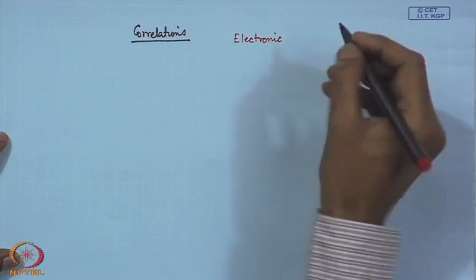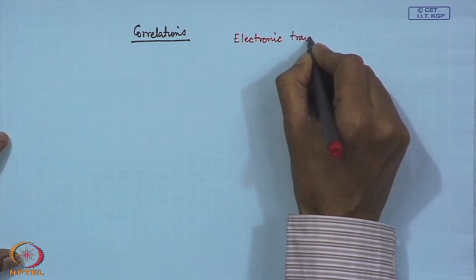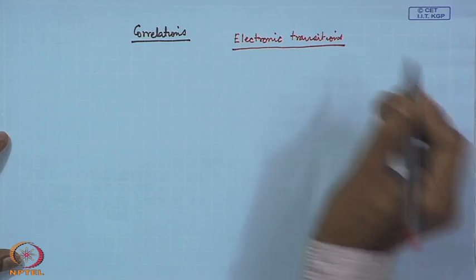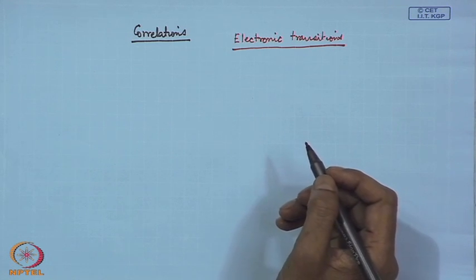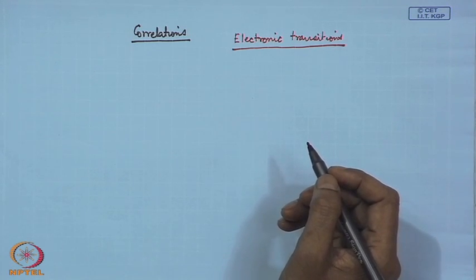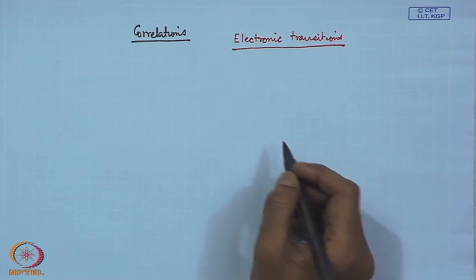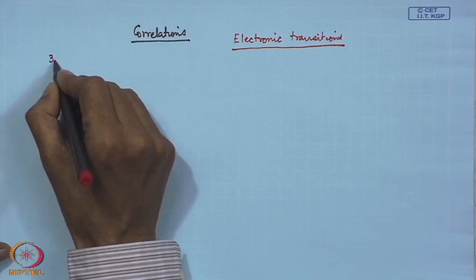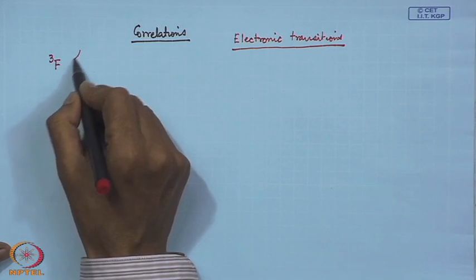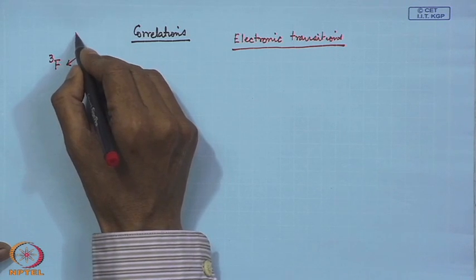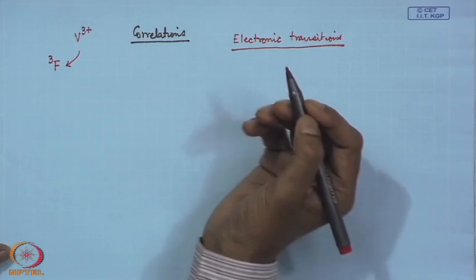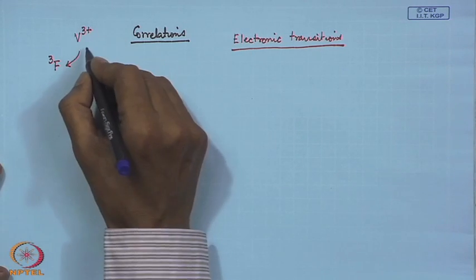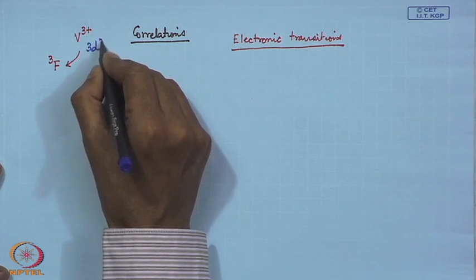and we have talked about these in terms of the different Russell-Saunders terms and those particular terms which were involved for all these transitions, and we can identify a particular type of state such as the corresponding 3F state, which we get by simply handling any vanadium complex in the trivalent state, having a corresponding electronic configuration of 3d2.